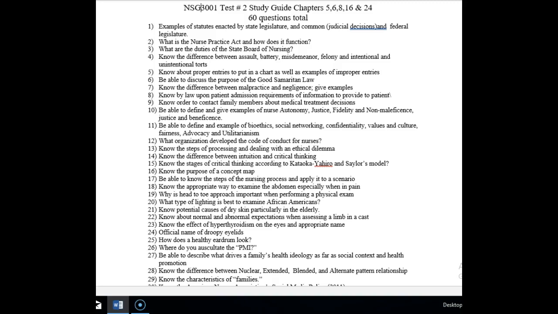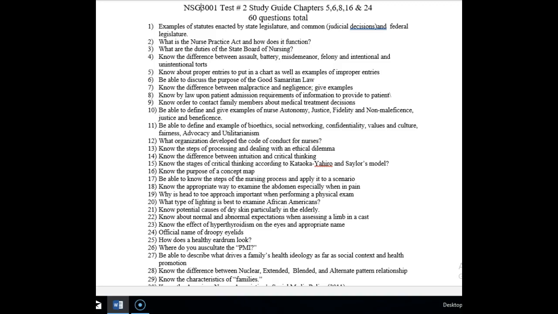Battery is what we consider an intentional, offensive touching without consent or lawful justification. Negligence is an unintentional tort. And a felony is a serious offense that results in significant harm to another person or society in general, like misusing controlled substances, for instance.